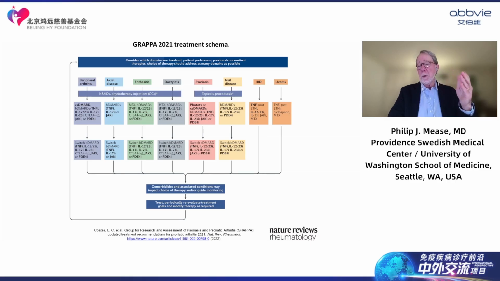So in the US, we move very quickly to biologic therapy, often with a TNF inhibitor initially, but now we are aware that other treatment mechanisms, including interleukin-17 inhibition, JAK inhibition, IL-23 inhibition, can be as efficacious and can be used earlier if the patient desires or the clinician feels that they should because of whatever reason.